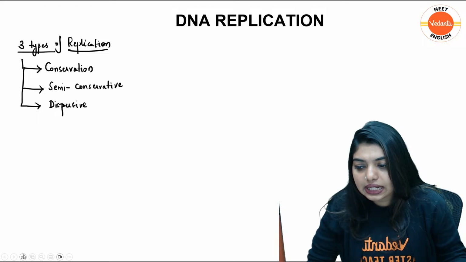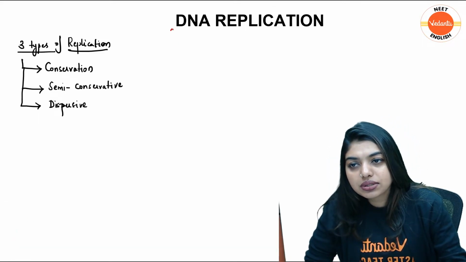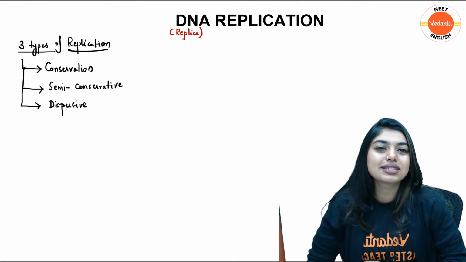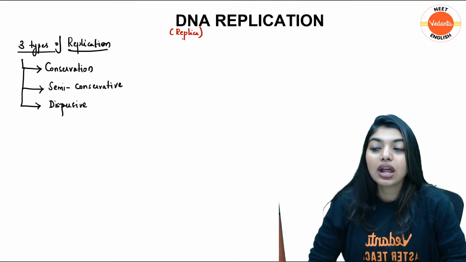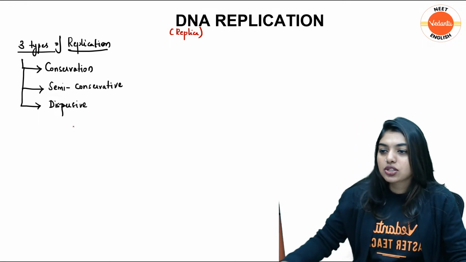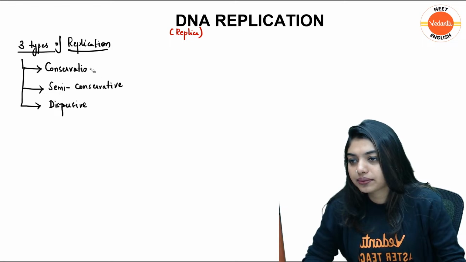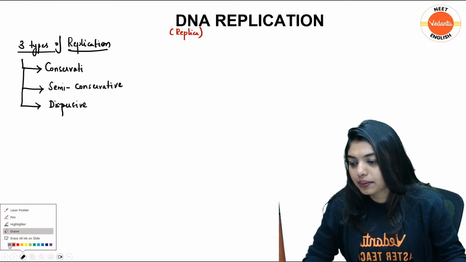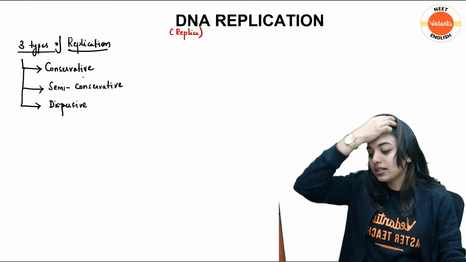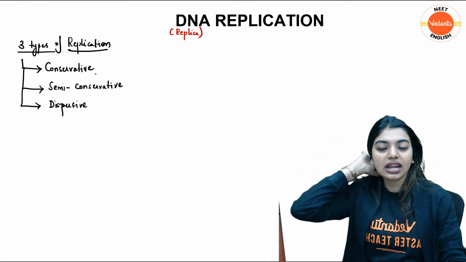We told that DNA will replicate, and that is why DNA is a genetic material. So it was ready to form its replica. So now we are waiting to understand what type of replication they are doing. Conservative, semi-conservative, and dispersive.